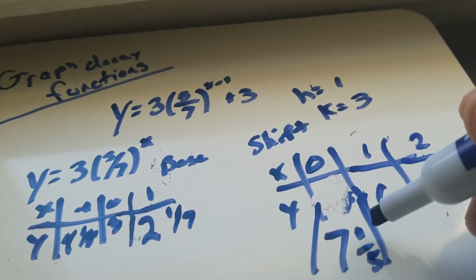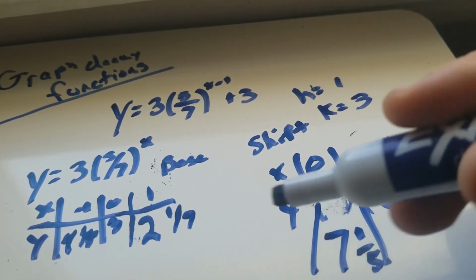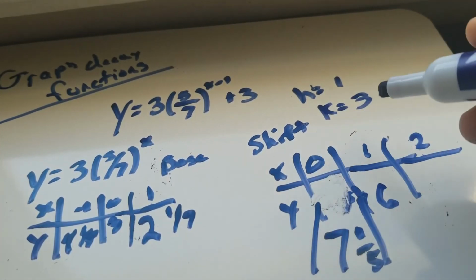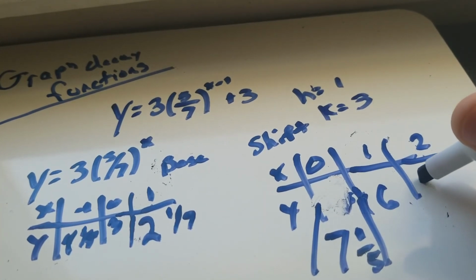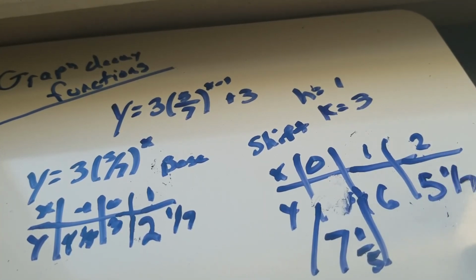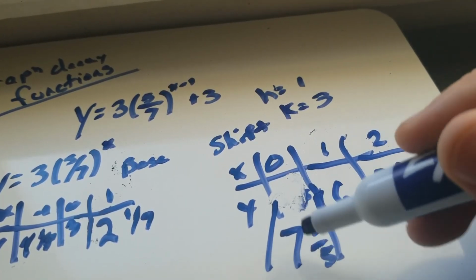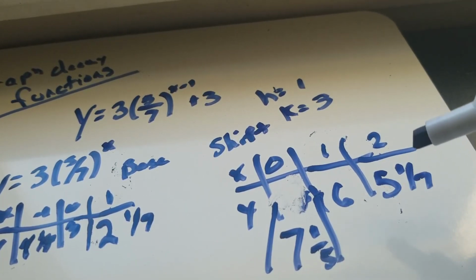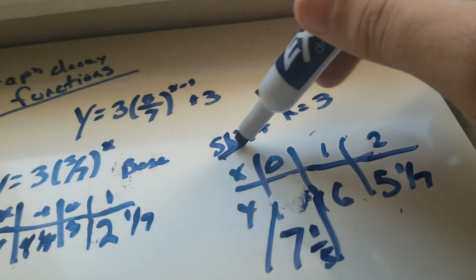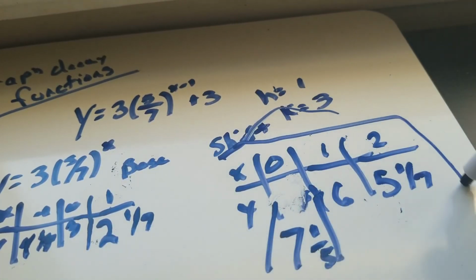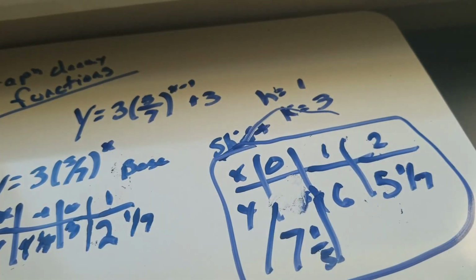And notice, when it's a decay, it's getting smaller and smaller. The last one, 2 and 1/7 plus 3, you add the numbers in front, so it's 5 and 1/7. If you want that as a decimal, that should be 5.14, and the first one should be 7.2. Right here, we have our shift table done. And I'm done with the question.